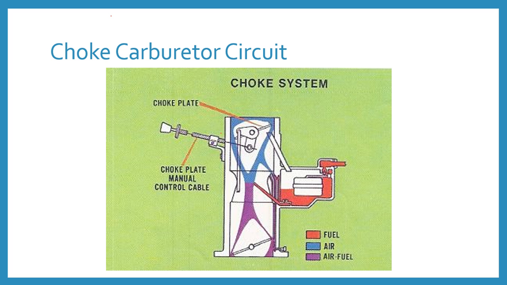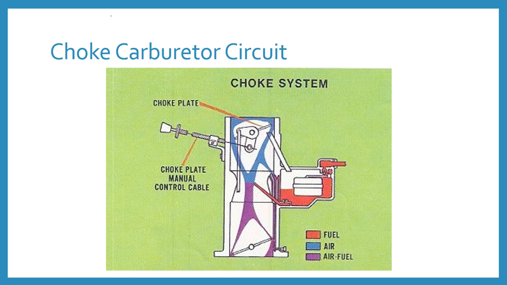So here is the picture of the choke circuit. The choke circuit is the major circuit of the carburetor. When the engine is cold, a rich mixture is required to start it.